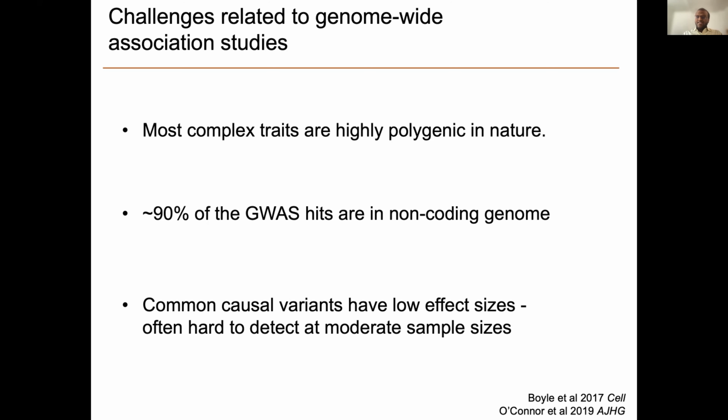And also in cases where the variant is truly causal for a disease, they tend to have low effect sizes. As a result, if you have a moderate sample size in your GWAS, you may actually miss out on some of these variants. You can check out these 2 references for a discussion on this particular topic.